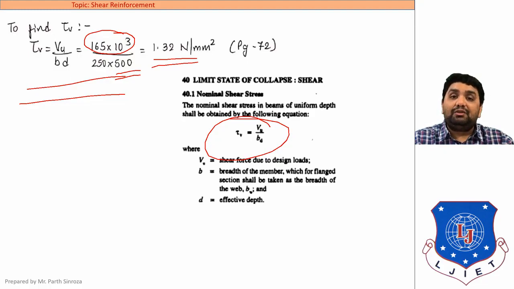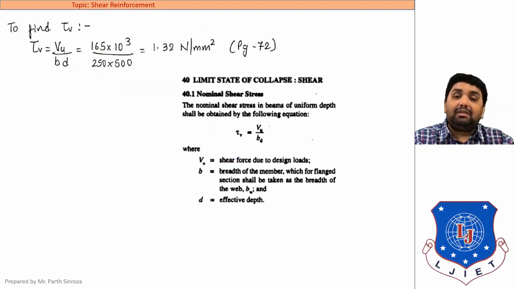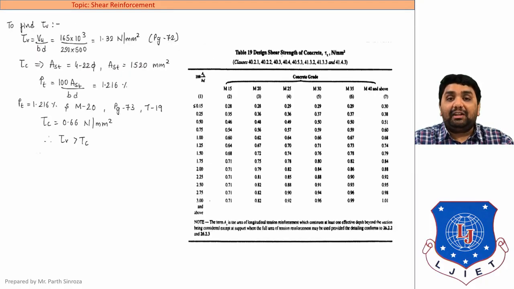Now our shear reinforcement starts basically with comparing or relating tau v and tau c. We have calculated tau v, so we will be moving further and finding tau c, that is shear strength of concrete. And for that we will be moving to page number 74, and you will be using this table, that is table 19.